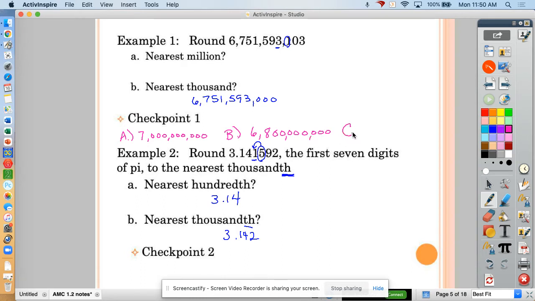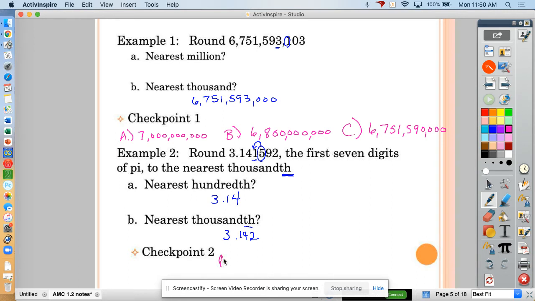There we go. And your C question says round to the nearest 10,000. So you should get 6,751,590. So there's your 3 answers for checkpoint 1.